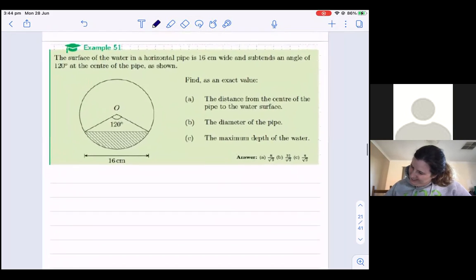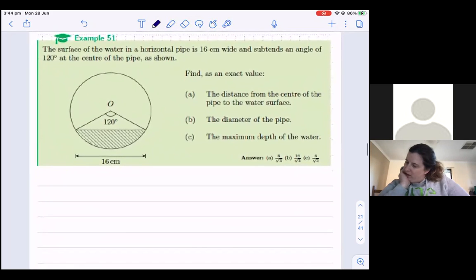All right. Got some water in a pipe. Find as an exact value the distance from the center of the pipe to the water surface. So I'm going to call this D and make myself a little triangle.